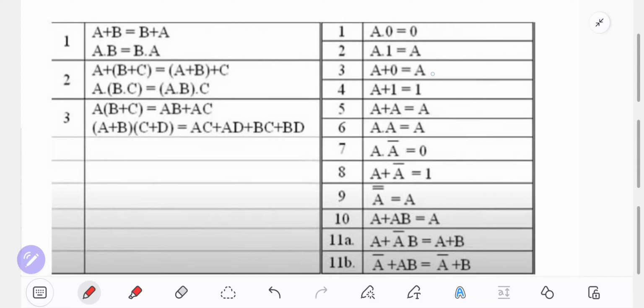You have to think and know about the difference. If you times with 1, the result is A, but if you plus with 1, the result is 1. You have to think about it deeper.